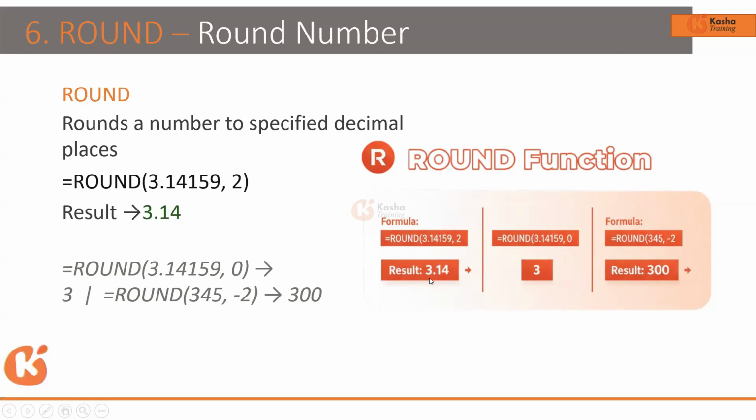The result is 3.14 because here you have given 2. Then you have 3.14159, and you want to round to 0 places, so it gives you 3. Again, you have 345, and if you round this to -2, it will take it as 3 and double 0. So this is what the round function is.